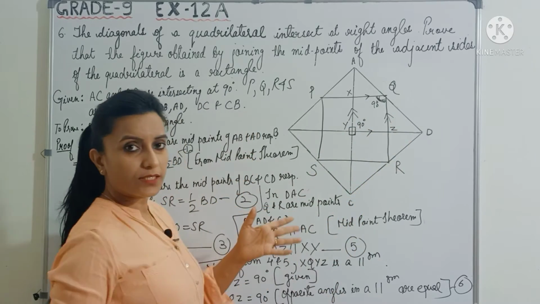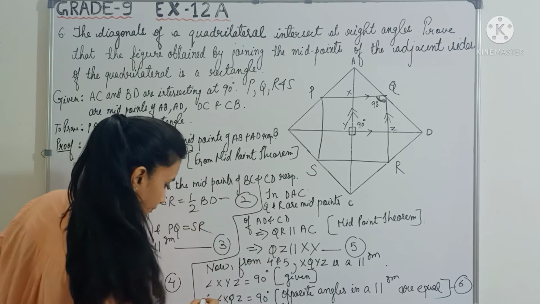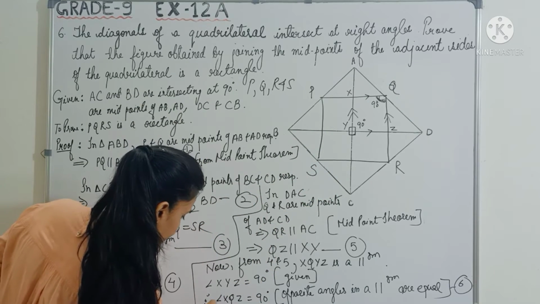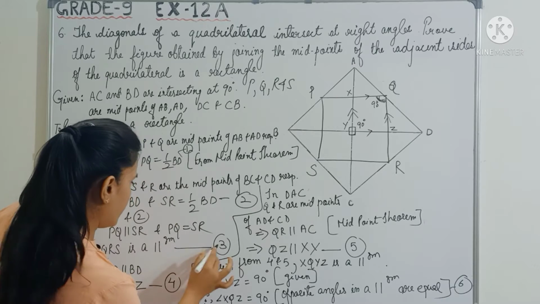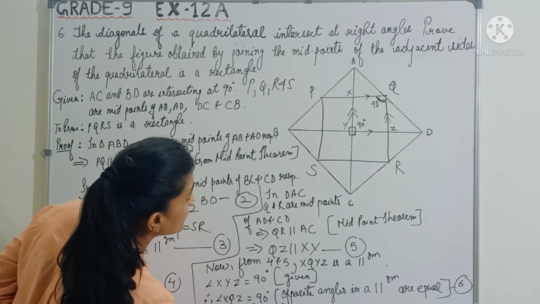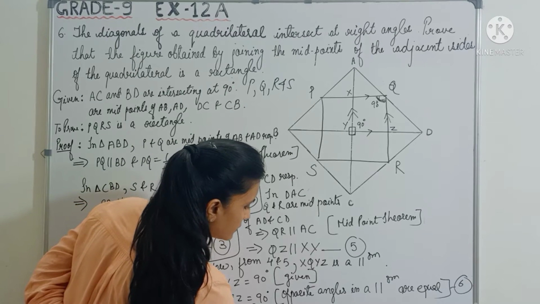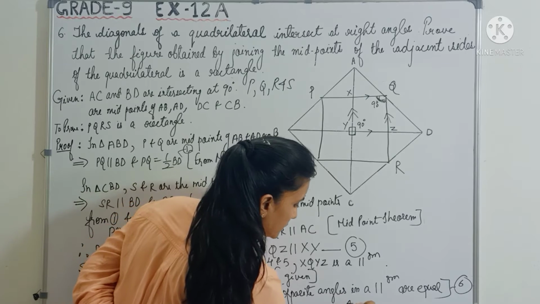So this shows that this parallelogram is a rectangle. So from 3 and 6, we can say that PQRS is a rectangle.